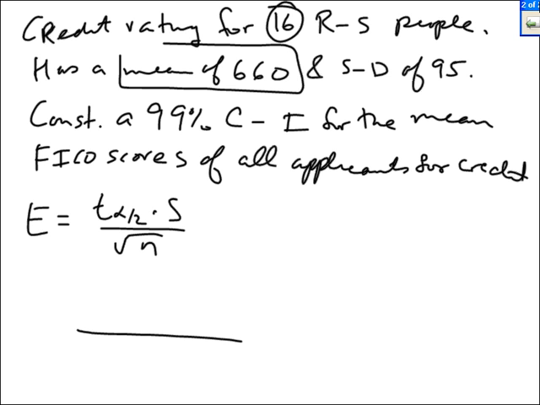and let me just say something. Since we only have a sample size of 16, in order for me to do this, I have to assume the sample is normally distributed.